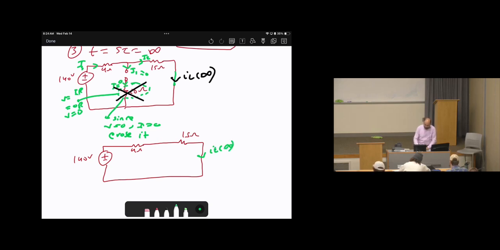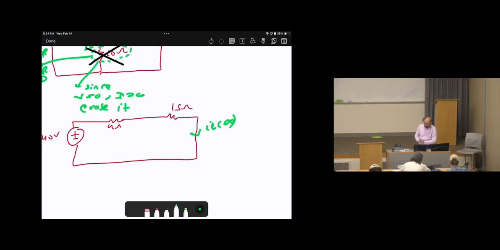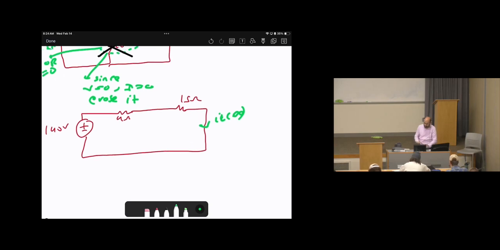Okay? Now how to find IL of infinity? I think now it's much easier, right? It is a single loop. How to find the current for a single loop? I equals VS over the sum of the R's, exactly.